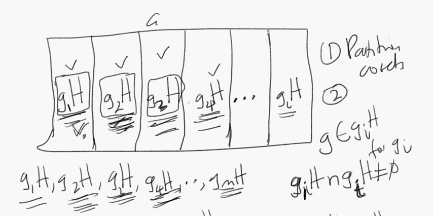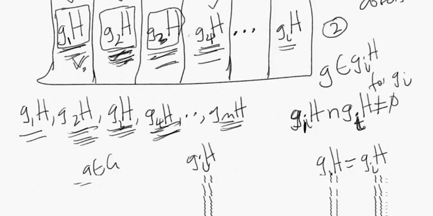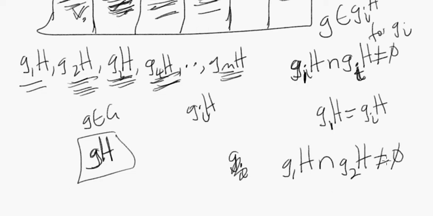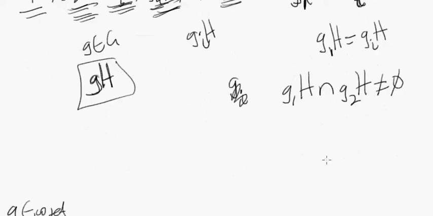Let's say we found that g1H intersect g2H was not empty. Then, as we proved before, it would mean that g1H actually equals g2H.